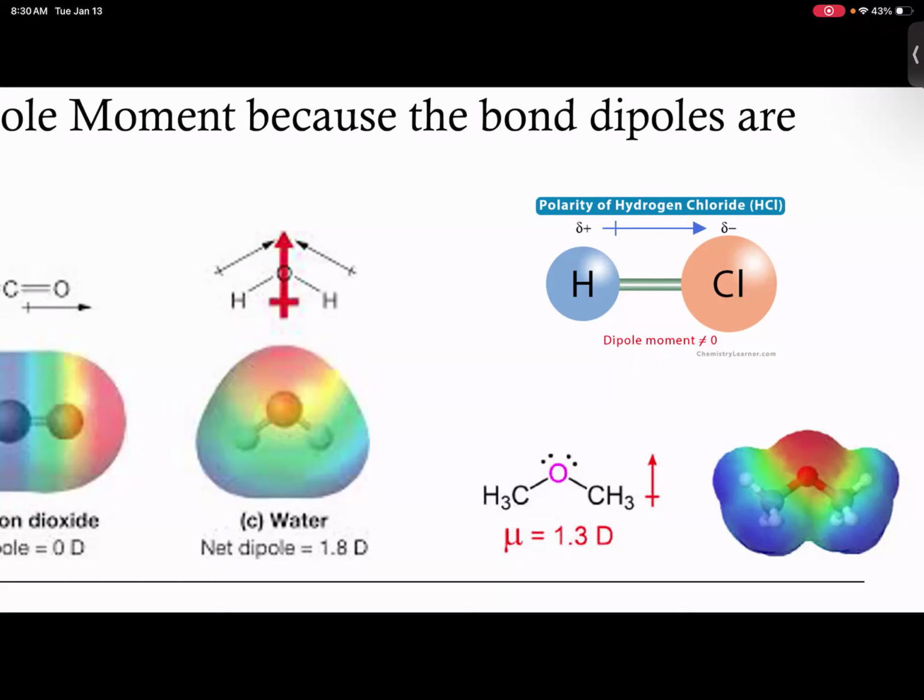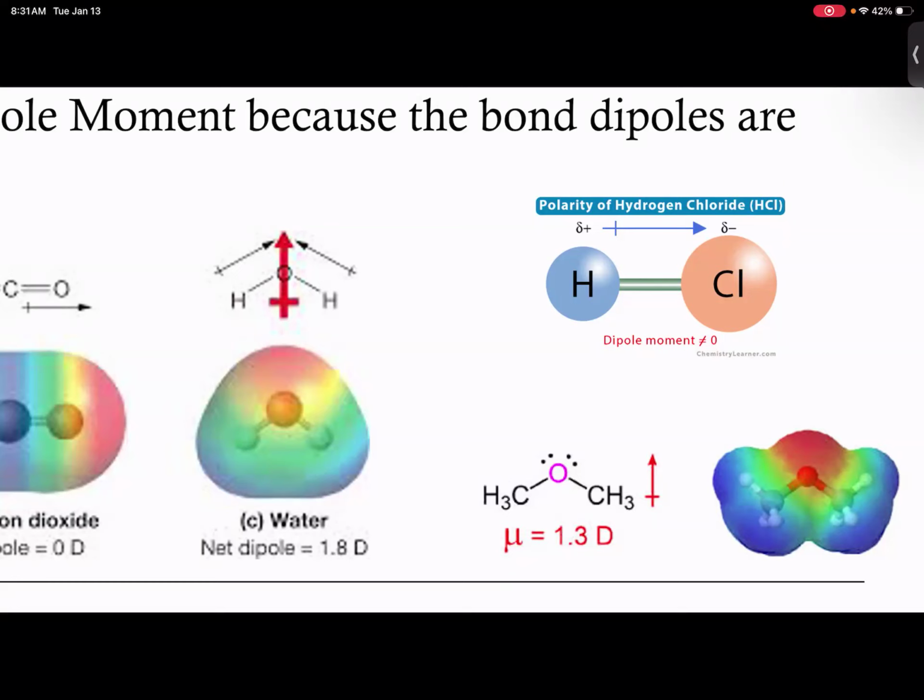So, just as a reminder of electronegativity, fluorine is the most electronegative atom on the entire periodic table. Francium, element number 87, is the least electronegative atom on the entire periodic table. Electronegativity fans out from fluorine.